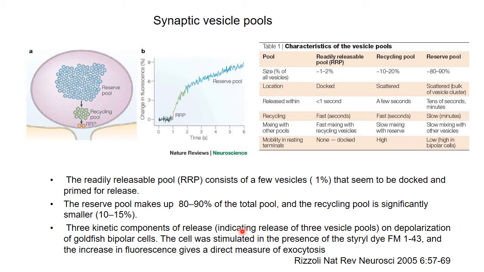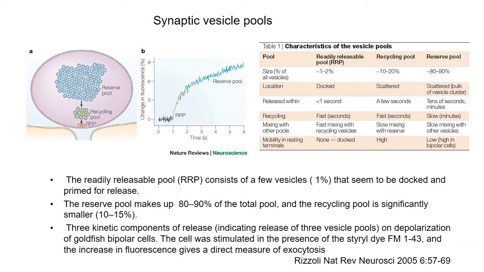It's actually thought this reserve pool may not really be used in a lot of physiological situations. However, these are the two pools, the recycling pool and the readily releasable pool, that are used a lot, and they are going to be recycled in order to maintain the ability of synaptic transmission.